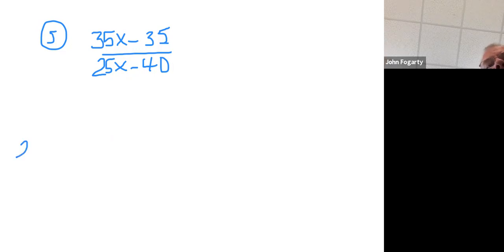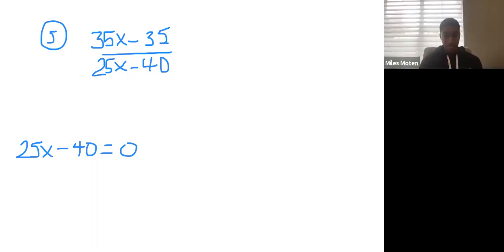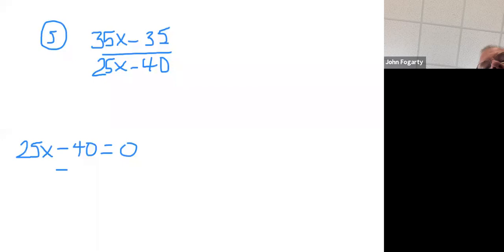So I just take my denominator and set it equal to 0. Now this time I'm going to factor, but it's not a quadratic. This is simply a GCF, right? What's the GCF of 25x and 40? Well, 25 and 40 would be what? Oh, my bad. I jumped ahead. I forgot I have to solve this first.